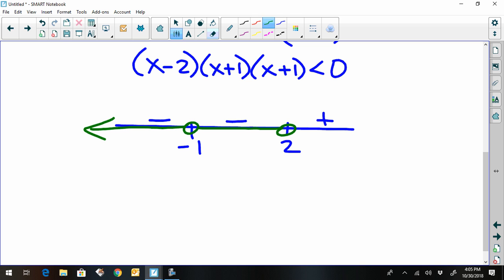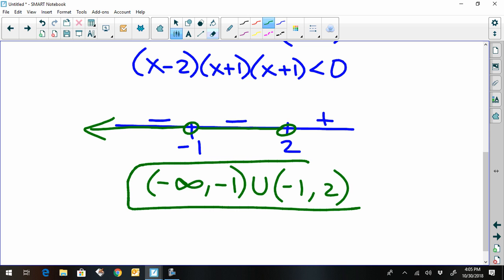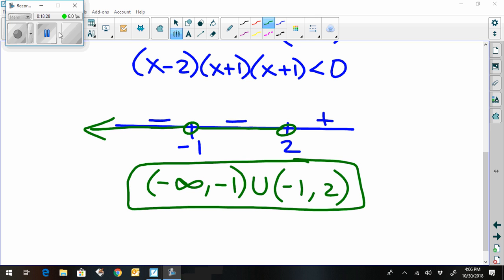So how I would write that would be negative infinity to negative 1, parentheses, union, negative 1 to 2, parentheses. And that would be my answer. So either graphically or written in interval notation, that would be my answer for both of those. So come tomorrow with these written in your notes, and we'll see you then.